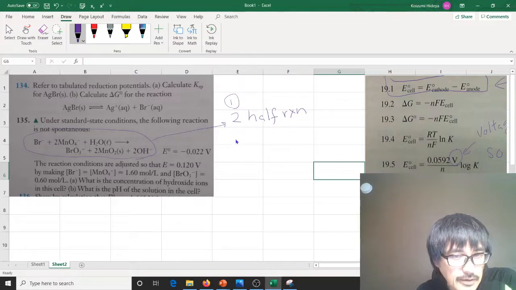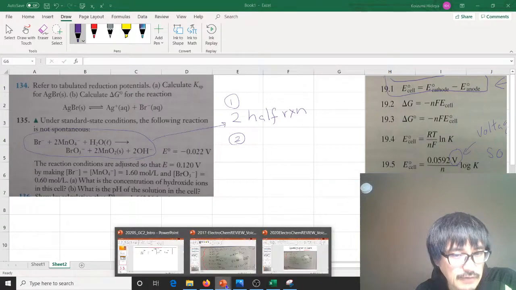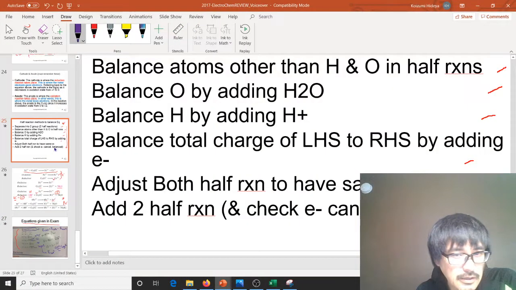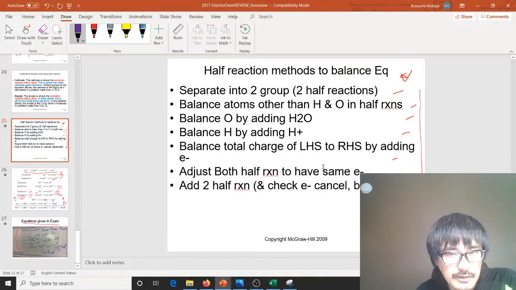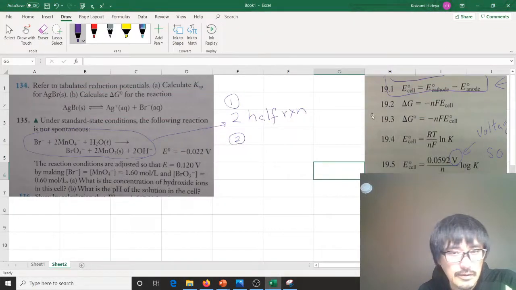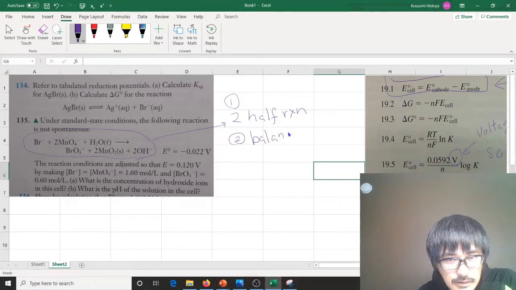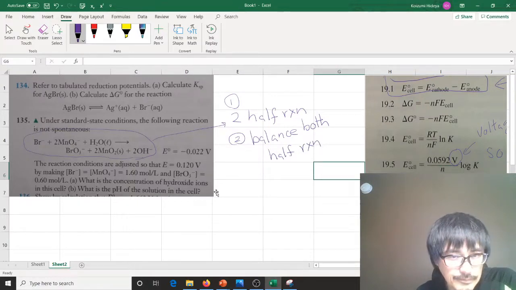And then you're going to use the procedure written on this page right here to balance everything. You're going to have to follow this just like this, to actually balance both half equations, or half reactions.